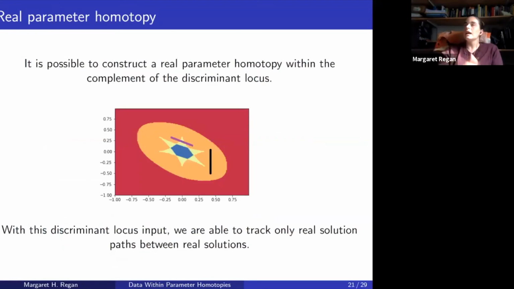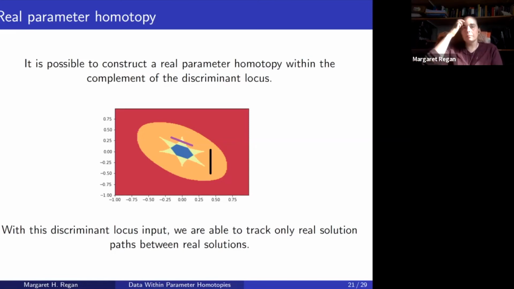So in this vein of these real solutions, when you're doing a parameter homotopy, why even track the complex ones if you don't want them? So is there any way to only track the real solutions from t=1 to t=0?